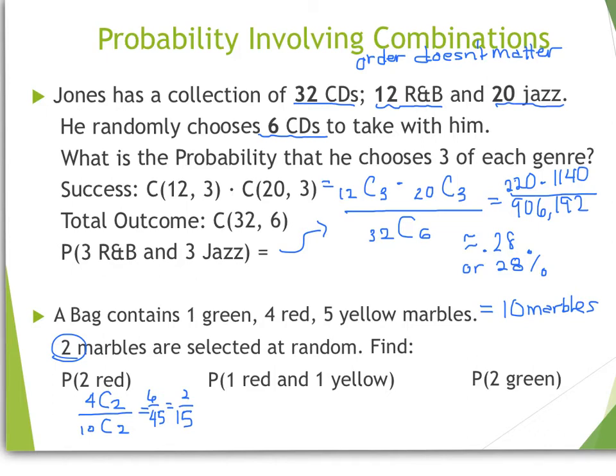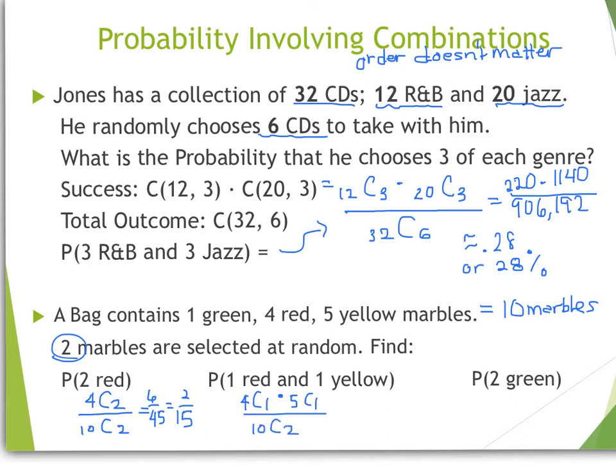Now what's the probability of 1 red and 1 yellow being in our hand? So that's, well, of the red, again, we have 4 reds, so 4 choose 1 times, that's your counting principle. Of the yellow, we have 5, so it's going to be 5 choose 1. And that, again, is over of the 10 marbles, we're going to choose 2 of them.